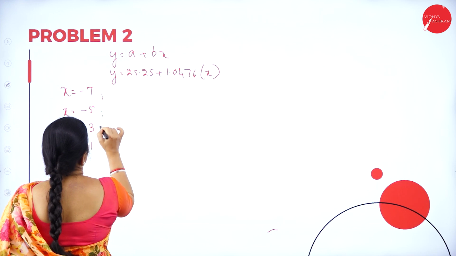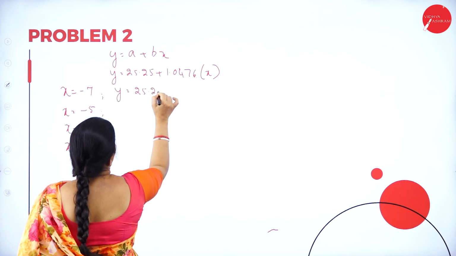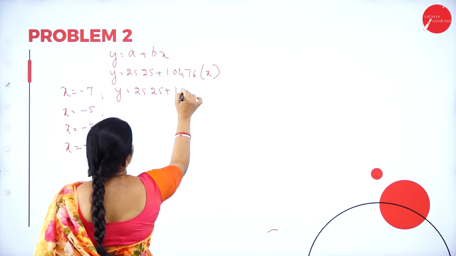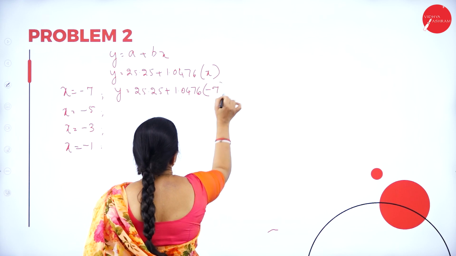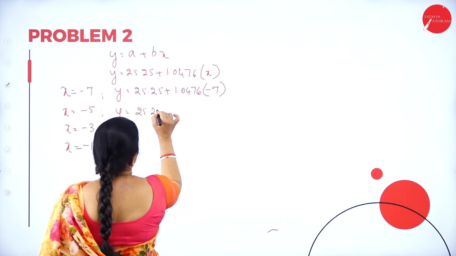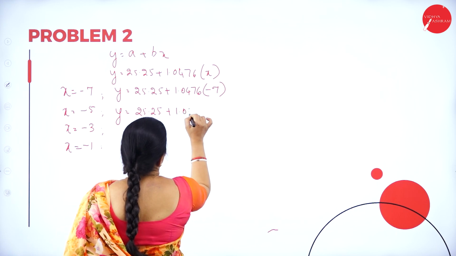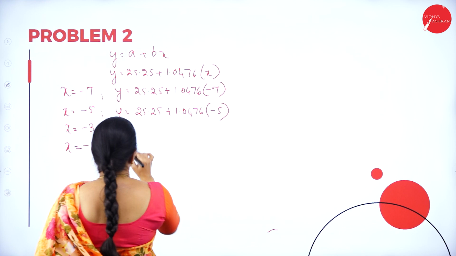So y will be equal to 25.25 plus 1.0476 into minus 7. Next, y will be equal to 25.25 plus 1.0476 into minus 5.